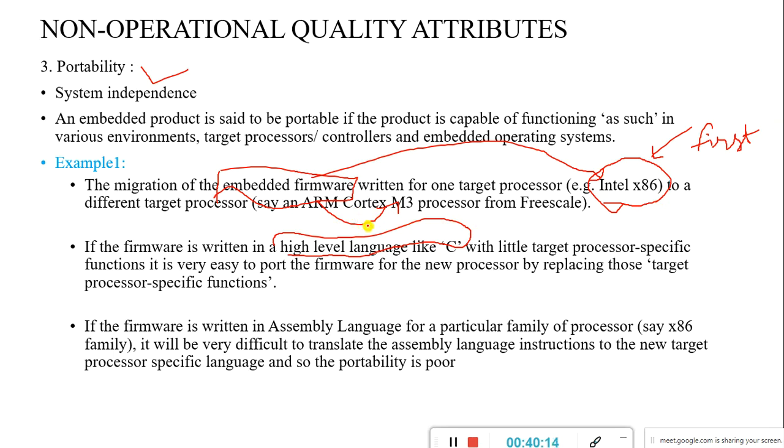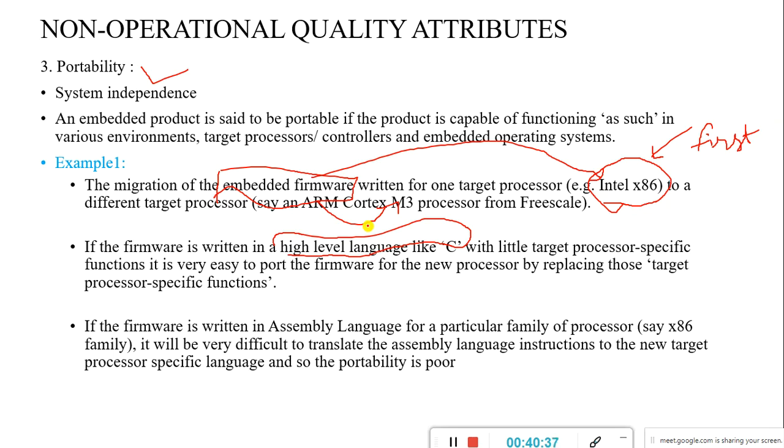Definitely it is not possible. Such embedded firmware, I call non-portable firmware. This is a very simple way to understand the portability of embedded systems design. I hope you understood.